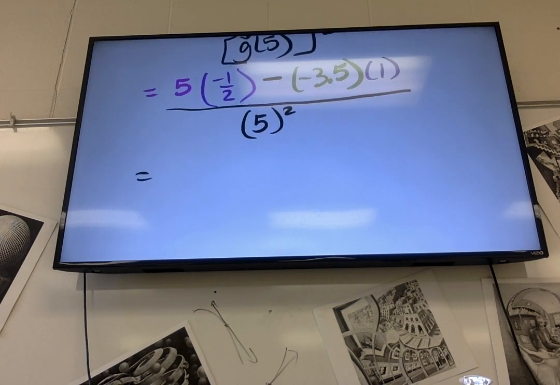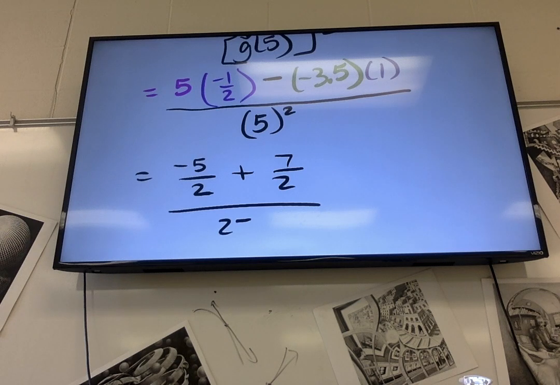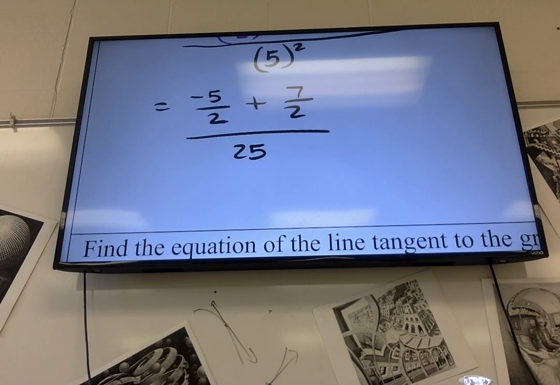Calculus is way more fun. Plus 3.5. I'm going to change that into a fraction. So it's 2 over 2, which is 1. So it's 1/25. That's pretty awesome.